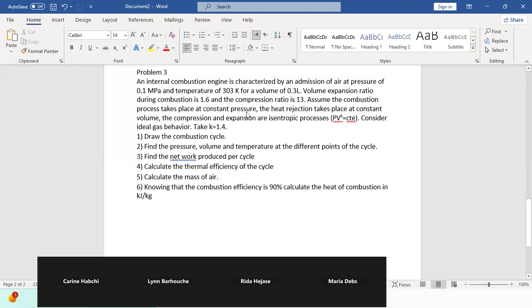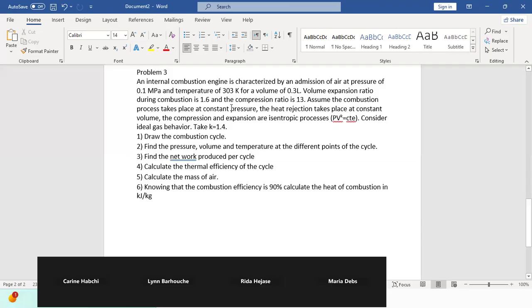So they are saying that an internal combustion engine is characterized by an admission of air at a pressure of 0.1 megapascal and a temperature of 303 Kelvin for a volume of 0.3 liters. The volume expansion ratio during the combustion is 1.6, and during the compression, the ratio is 30.